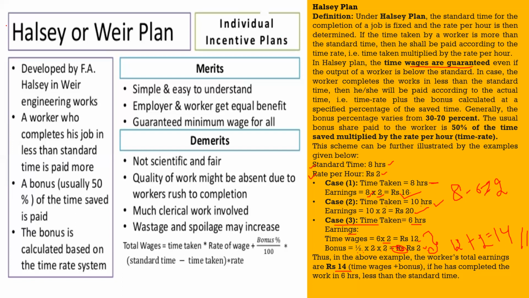That is what the Halsey plan says. The people who work in less than the given or standard time should get paid more. Here you are being paid more than what you should have been paid if you had taken a lot more time. Okay, so this is the Halsey plan.